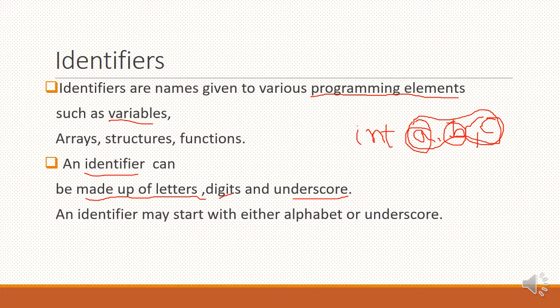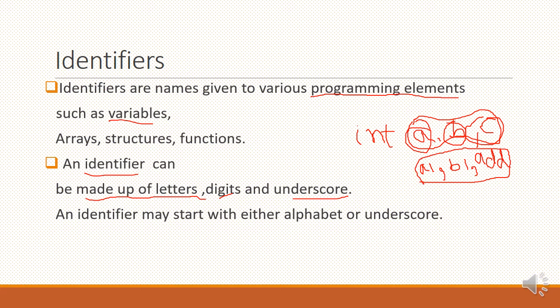So here I have taken ABC. You can say it is A1 or B1, and next I can write it as add, A double D. These are all called your identifiers.